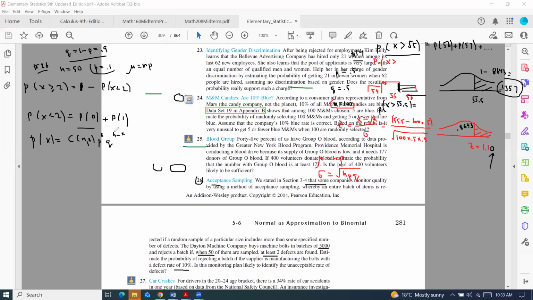Now I'm going to need to calculate it twice and then add. For this, there is no real need for section 5.6. So I go combinations n choose 0, p which is 0.1 to the power of 0, and q which is 0.9 to the power of n minus 0.